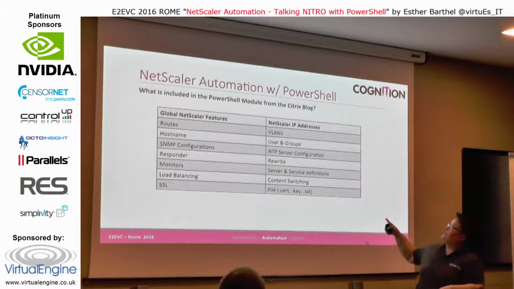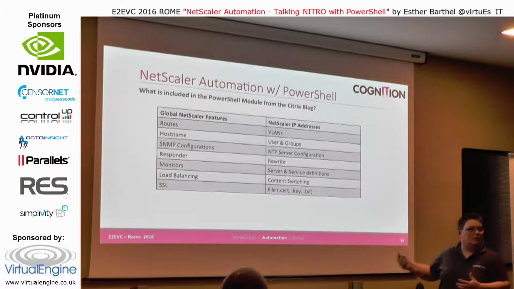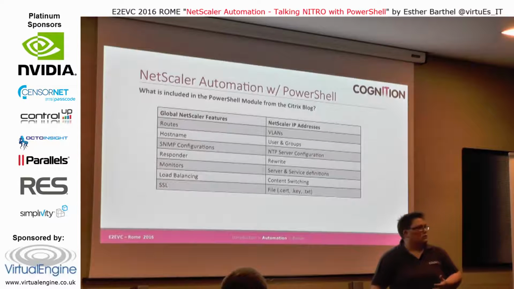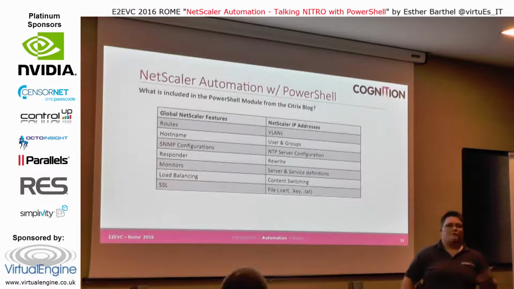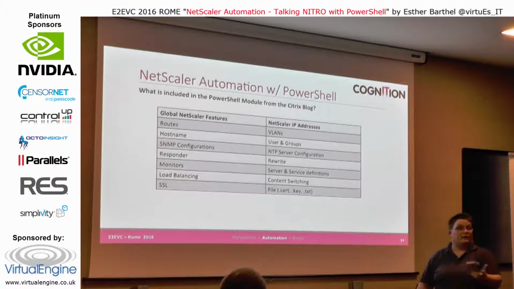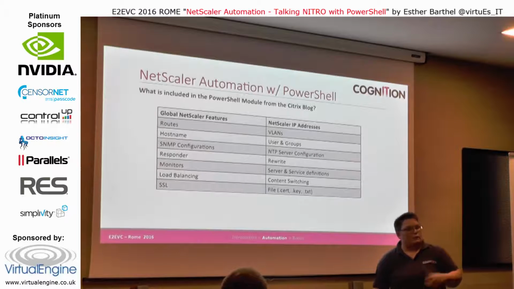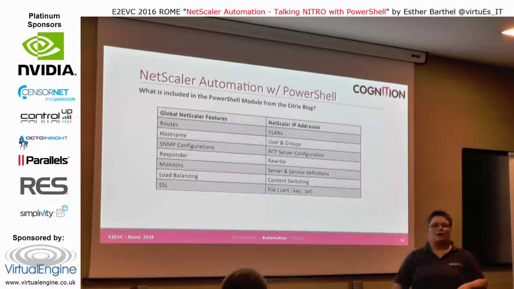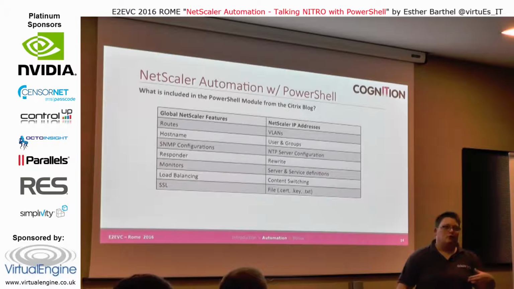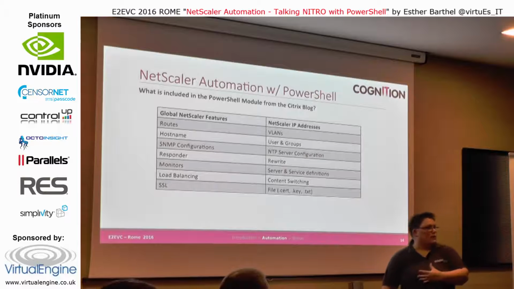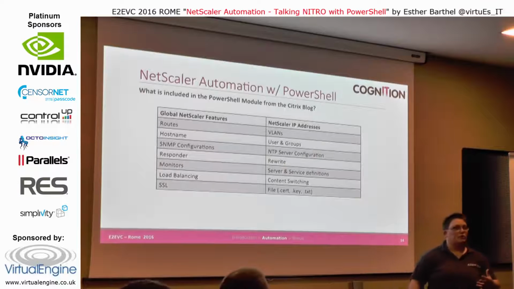Because if you look at all the features that are included in the PowerShell module, that will get you pretty far configuring your NetScaler. At least that's what I thought. And when I dived into that module, I realized that it only included the HTTP post methods. So it's a great start to initialize your NetScaler configuration.